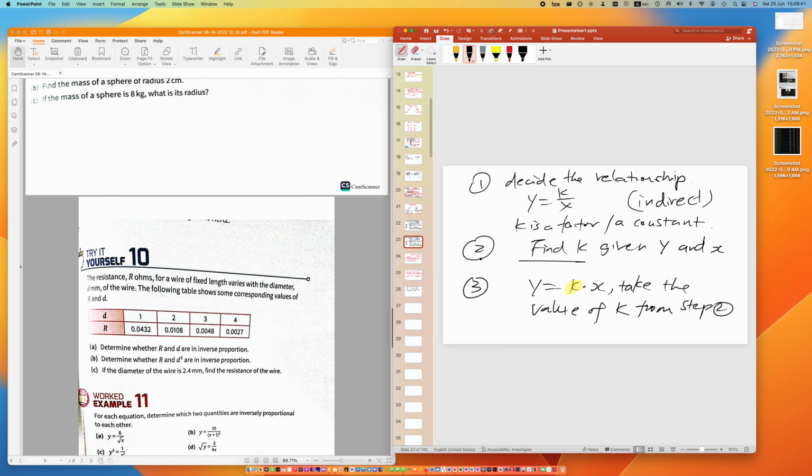Okay, step 2: find k given y and x. In this case, find k given R and D. Which one do you take? The first one. Okay, good. Go ahead, quick.